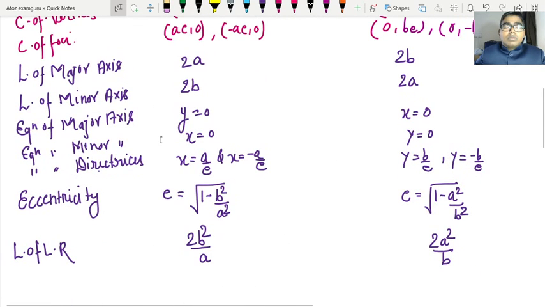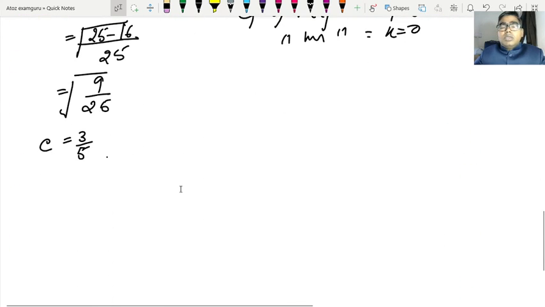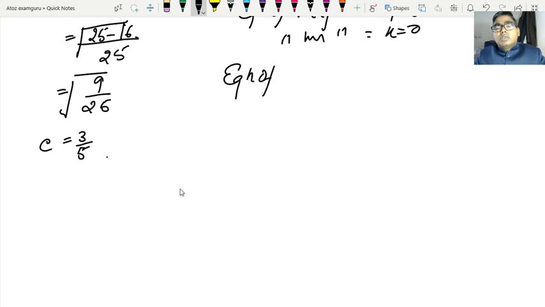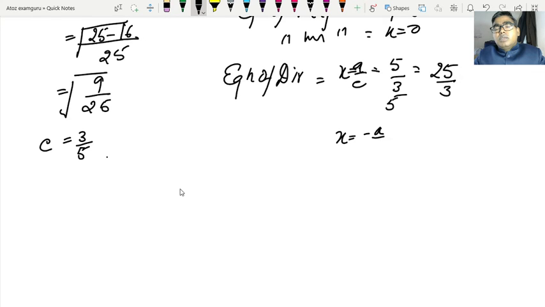Similarly, equation of directrix is x equal to a upon e, which is 5 upon 3 by 5, that is 25 by 3, and x equal to minus a by e, which is minus 25 by 3.